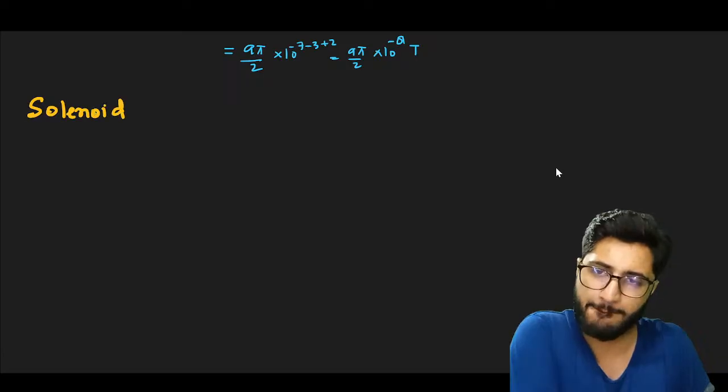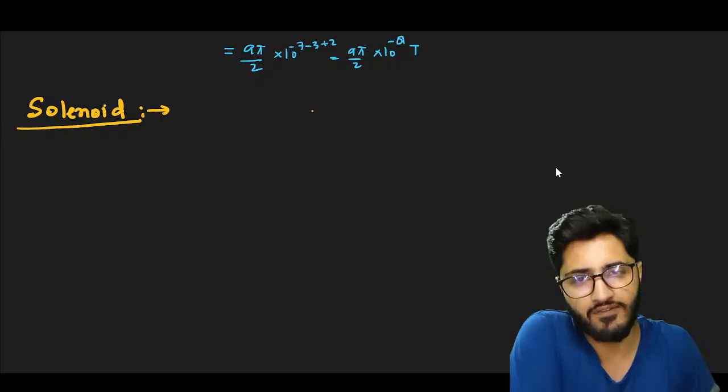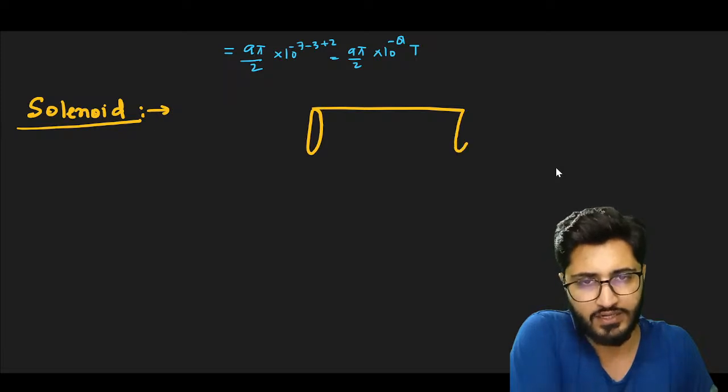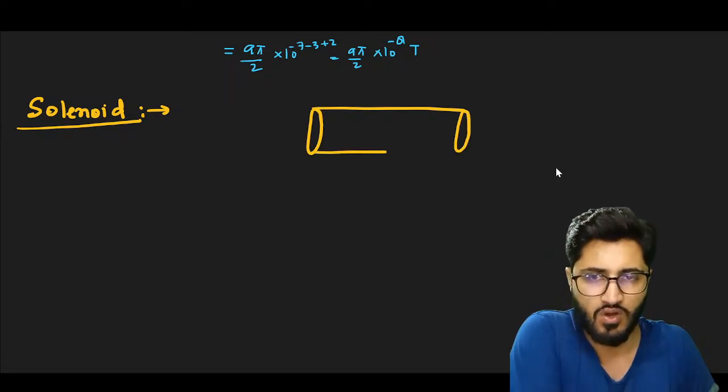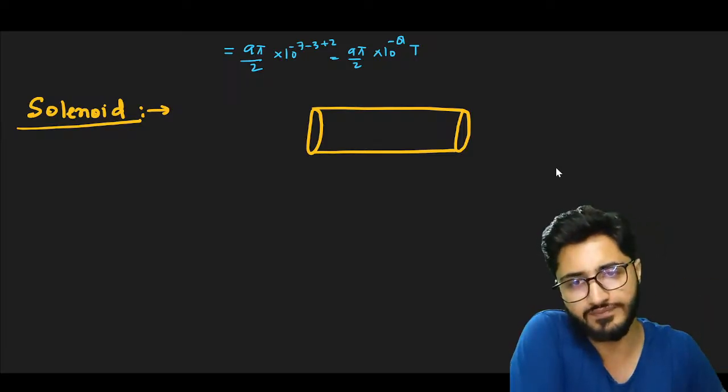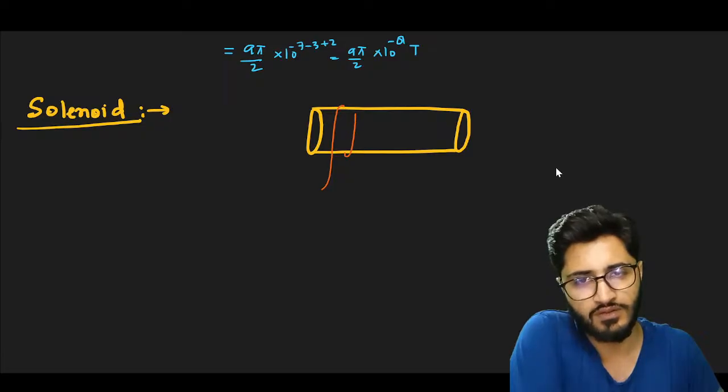Solenoid. What is a solenoid? Basically, we have a non-conducting rod. On this non-conducting rod, we are placing a wire. This is my wire.